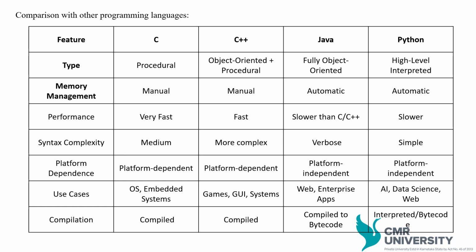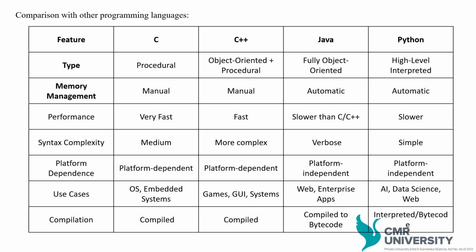If we know the concepts, the syntax, and how to use it, C is really easy, and anyone can write the syntax and go through the programming part. But C++ is a little complex. Java is verbose, and Python is a little simple. Python is a normal programming language with easier syntax.